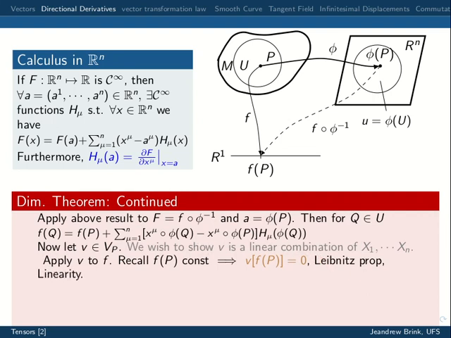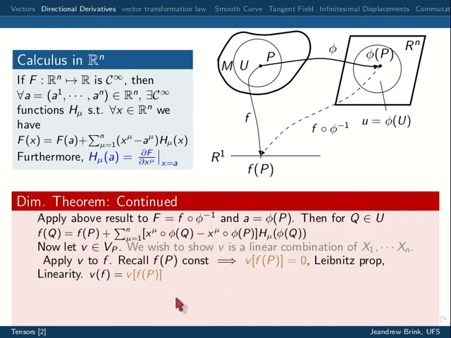So we're going to use Leibniz's property and linearity and apply it over here. Linearity means we can treat each sum independently, in other words, each component, because this thing goes from 1 to n. And Leibniz means we first differentiate here, multiply with that, and then differentiate this thing, multiply with the other stuff.